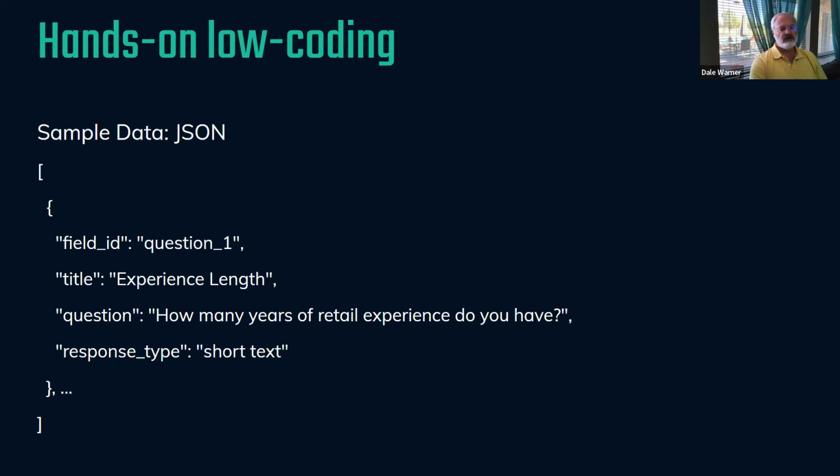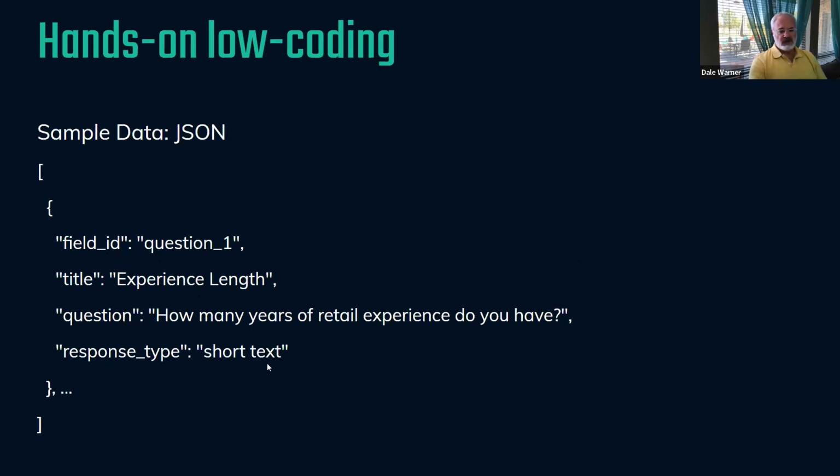And so it's going to look like this. The JSON data will have a field ID, and we're going to use that directly to fill in the field ID action. It's going to have a title. So experience length, for example, might be what you're prompting. And the question is, how many years of retail experience do you have?